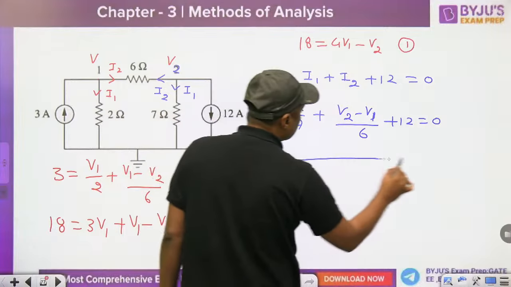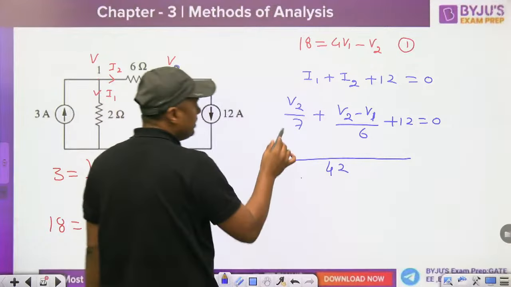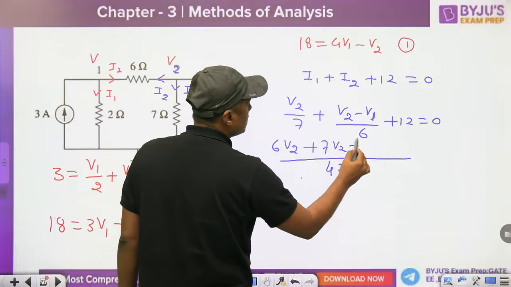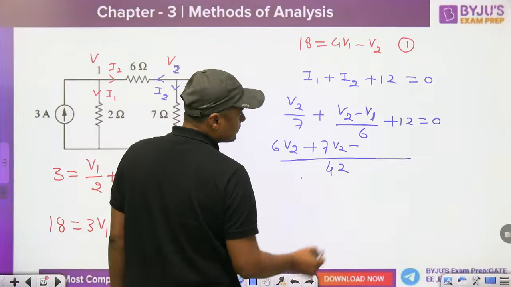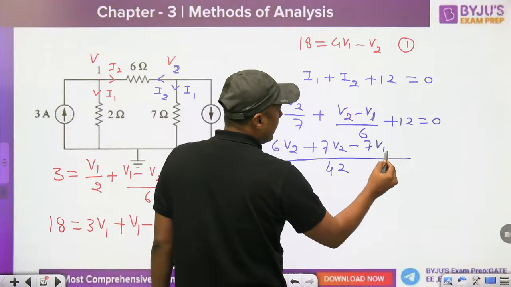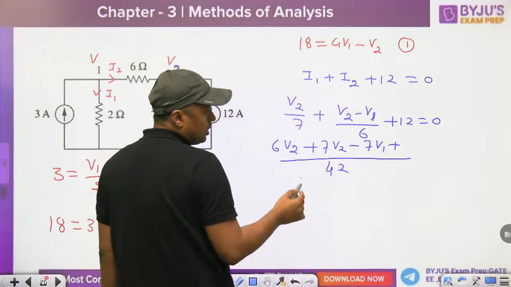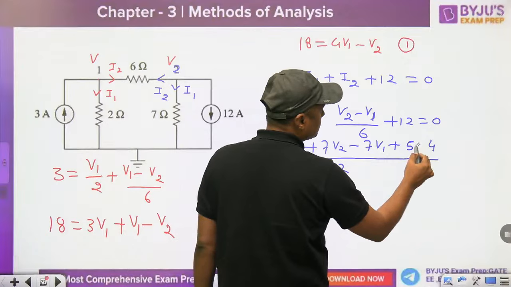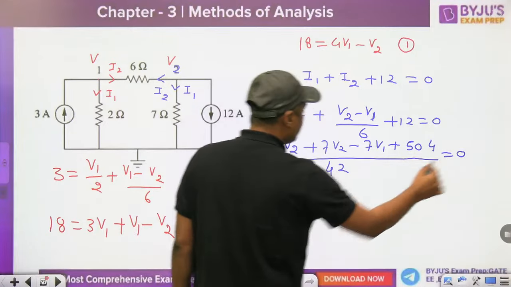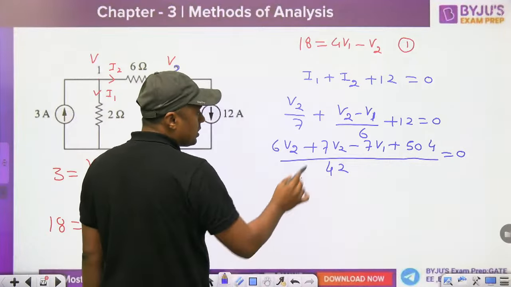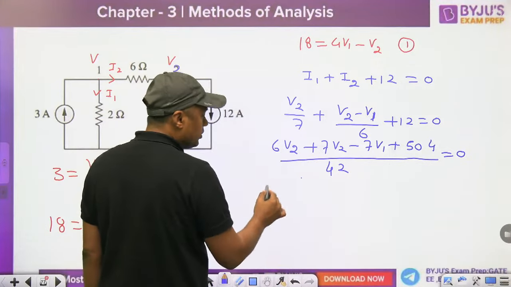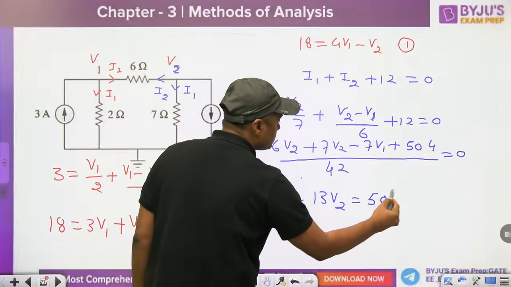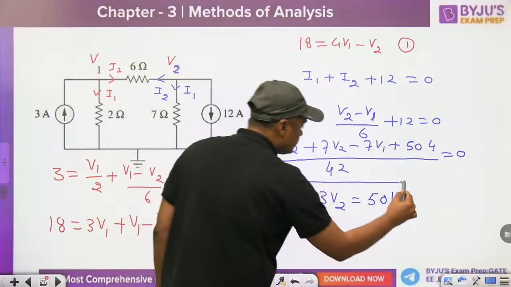Now you can take 42 as the LCM, then it will become 6V2 plus 7V2 minus 7V1, and because it is 12 into 42, that is 504, equal to 0. You will get 7 plus 6, 13. You will get 7V1 minus 13V2 is equal to 504, and that is equation number 2.